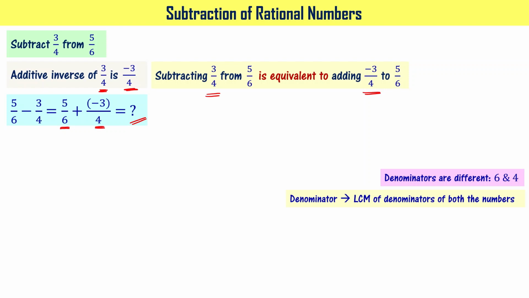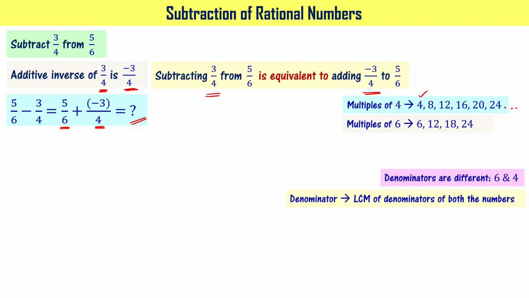To do that, we write multiples of these two numbers. Multiples of 4 are 4, 8, 12, 16, 20, 24, and so on. That list goes on. Similarly, multiples of 6 are 6, 12, 18, 24. If you look at this, it is 4 times 1, 4 times 2, 4 times 3, 4 times 4, 6 times 1, 6 times 2, 6 times 3, 6 times 4, and so on.